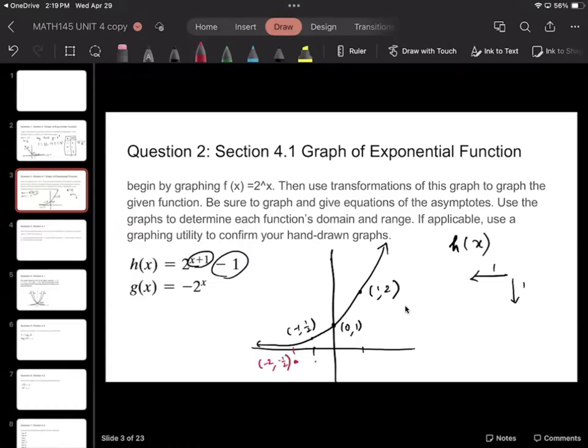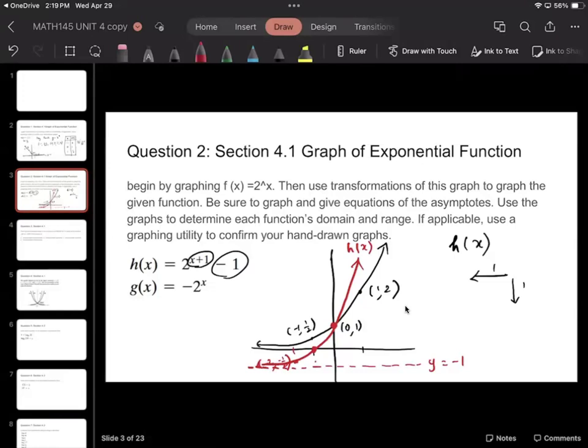And then this one will become -1, 0. And then this one will become 0, 1. Right? So my new asymptote is here at y equals -1. And my graph is like this. This is the graph of h of x.